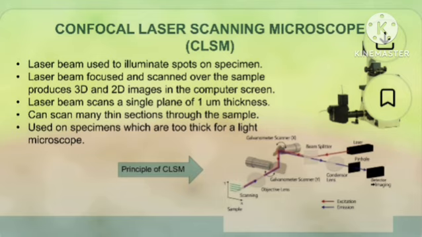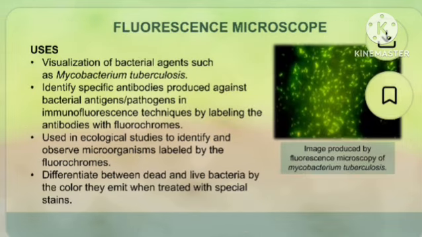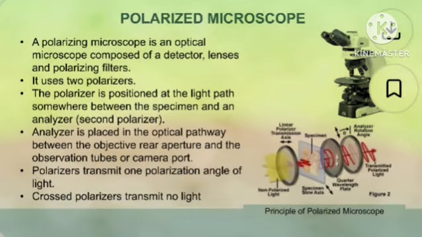Its uses are diagnosing carcinoma of the cervix, and evaluation and diagnosis of basal cell carcinoma of skin cells. And the polarizing microscope is an optical microscope composed of a detector and lenses, with two polarizers. The polarizer is positioned in the light path somewhere between the specimen and the analyzer, the second polarizer.